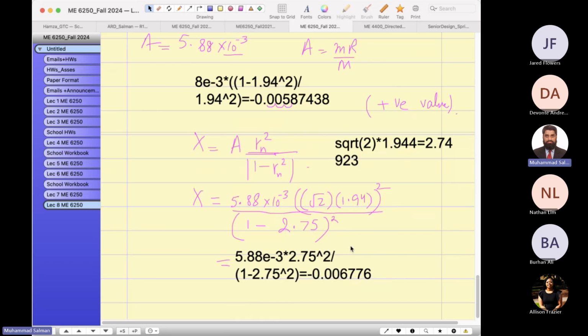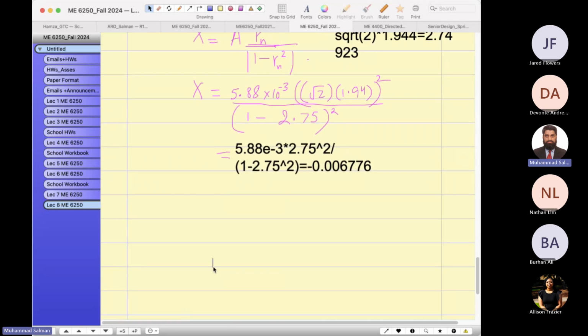The displacement is in the mod, so I'm going to write down this answer as 6.7776 millimeters, correct?